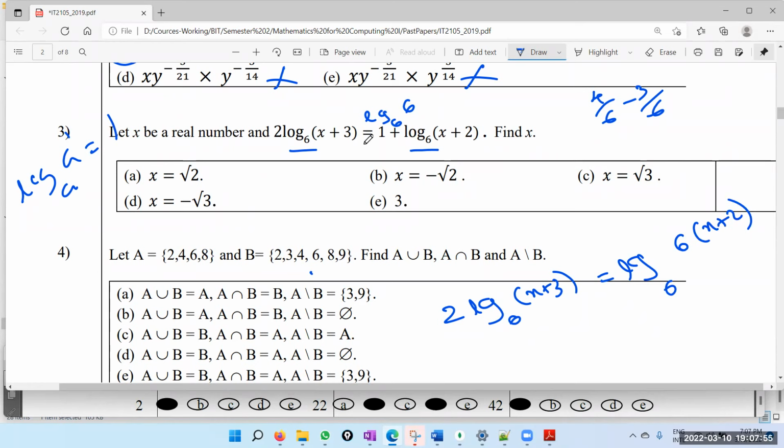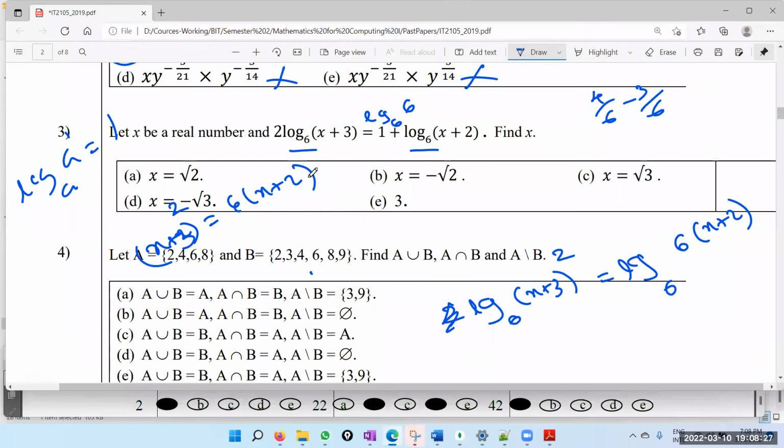Now I want to take these 2 also in, so that it becomes a power. Now I have log 6 here, log 6 here, so I know that these 2 must be the same. In other words, x plus 2 to the power 2 equals 6 times x plus 3 to the power, right?